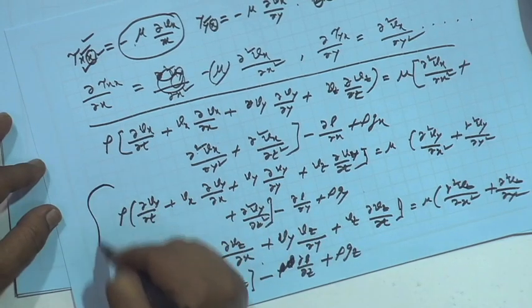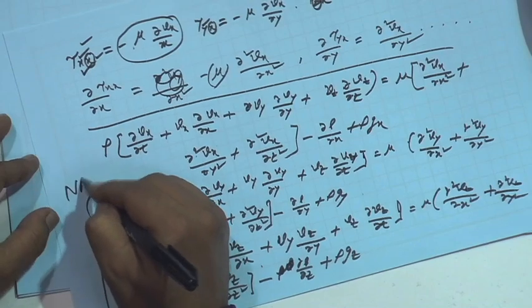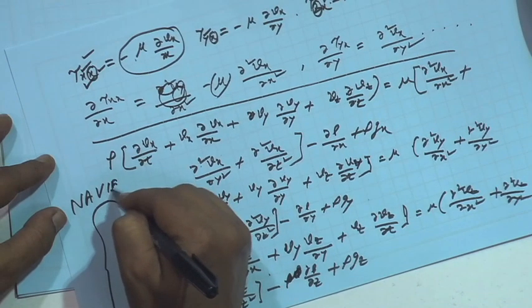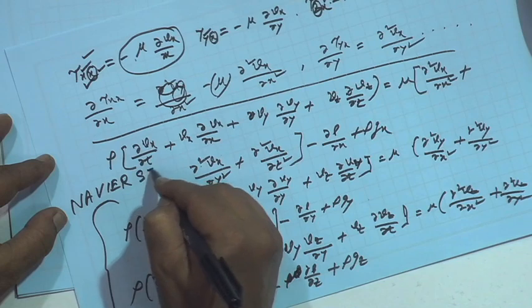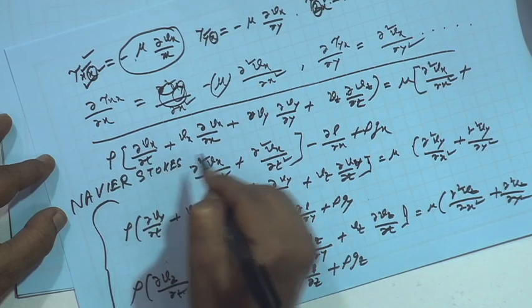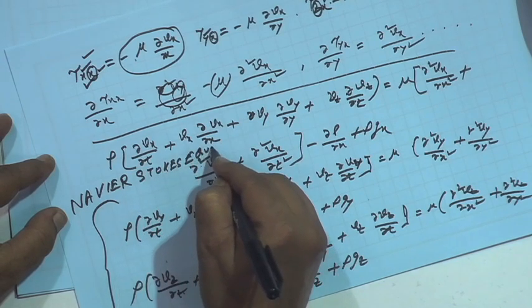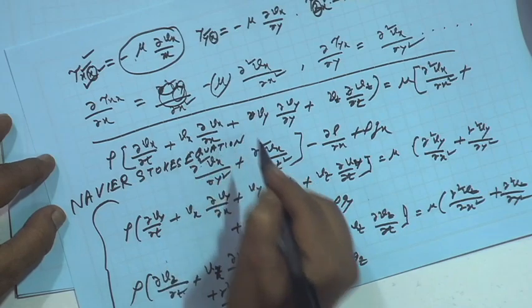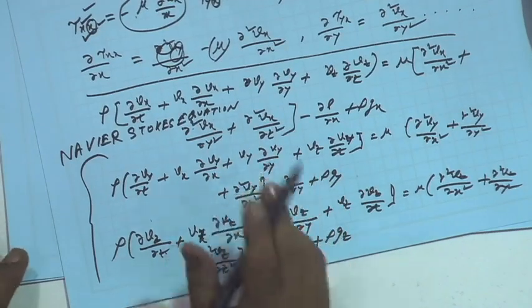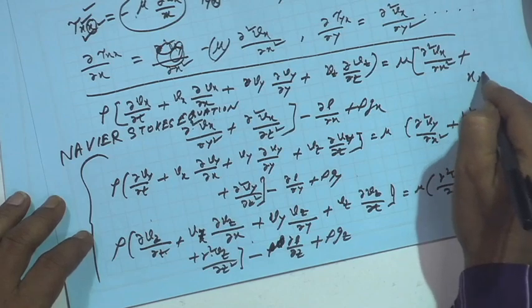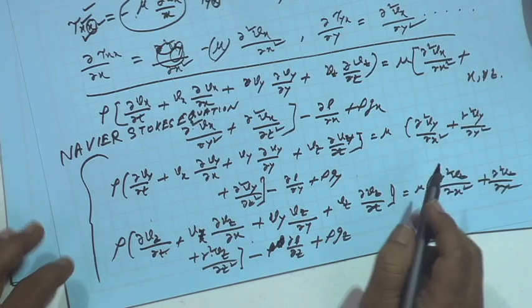So, these are known as the Navier-Stokes equations, and this is for the Cartesian coordinates x, y, z. When you do a problem, you have to identify from the problem given or from the situation which term corresponds to what.